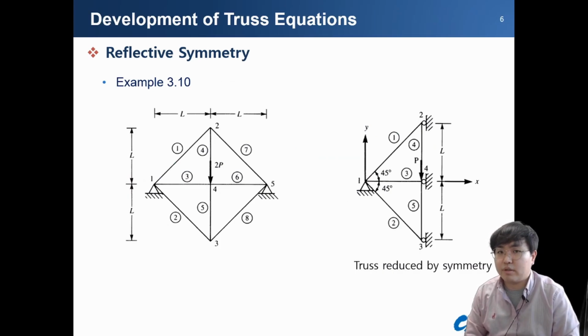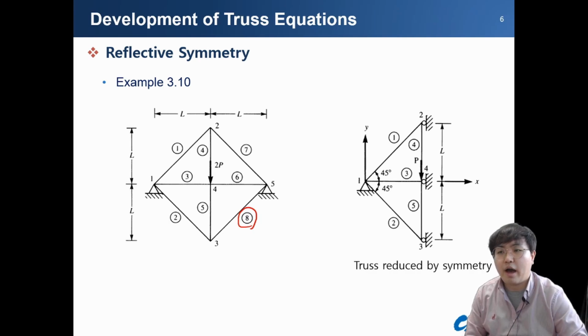I prepared an example problem from our textbook. Here is the example. This structure consists of 1D truss elements in two-dimensional space. We have 1, 2, 3, 4, 5, 6, 7, 8, a total of 8 elements in this system.